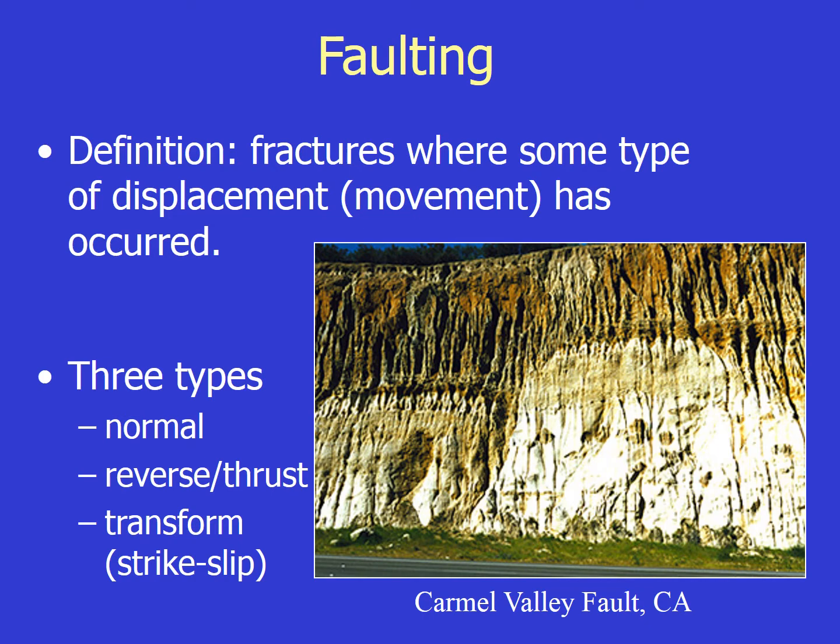So here is the faulting. What is a fault? It is a fracture where some type of displacement or movement has occurred. So here are the three types of fault: normal fault, reverse or thrust fault, then the transform or strike-slip fault.